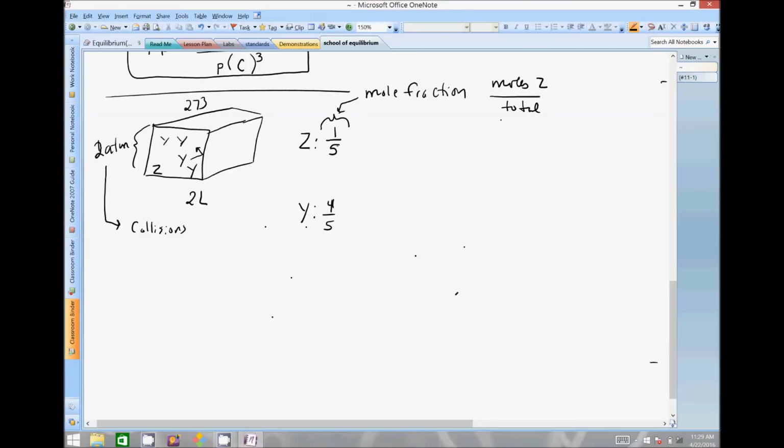So we're going to take this guy, 1 divided by 5 is 0.2, multiply this times the 2 atmospheres, and this is going to give us 0.4, and it's in atmospheres. And then this guy is just going to be 0.8, 4 divided by 5, 0.8, times 2 atmospheres total pressure, gives me 1.6 atmospheres.